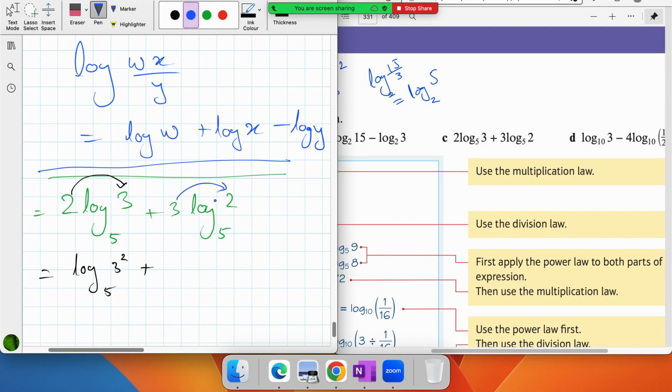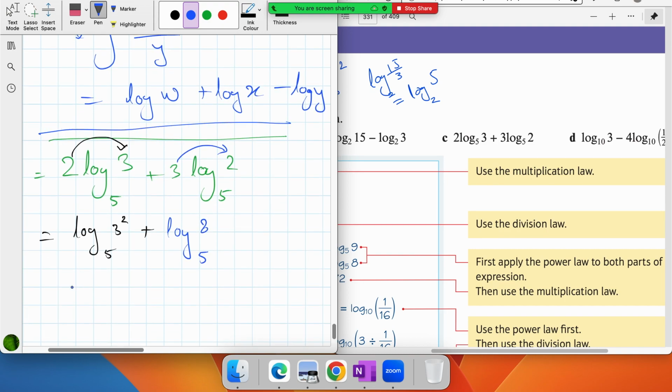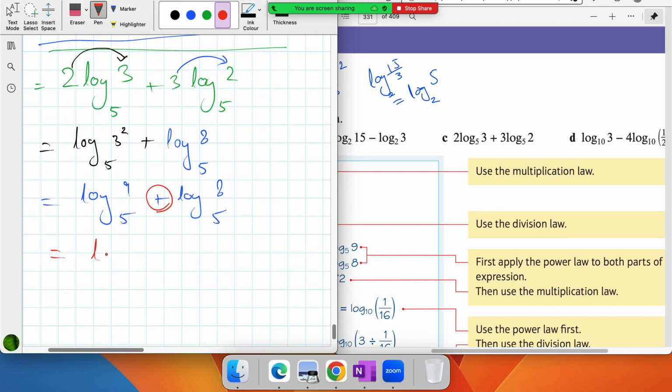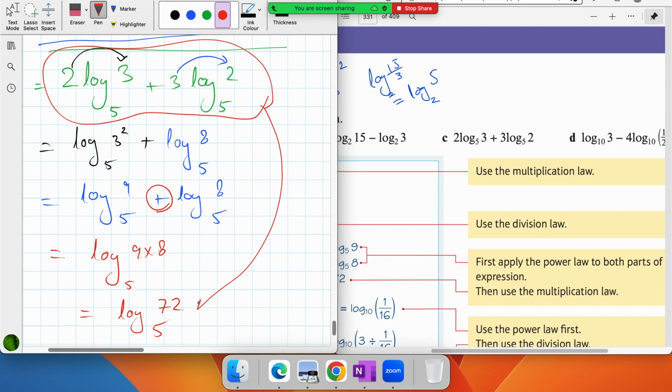I'm taking this 3 inside and this time I'm directly writing 2 raised to power 3 is 8 to base 5. So this is log of 9 to base 5 plus log of 8 to base 5. When they are added, they're actually multiplied with each other. So this is log of 9 into 8 to base 5, making it log of 72 to base 5.